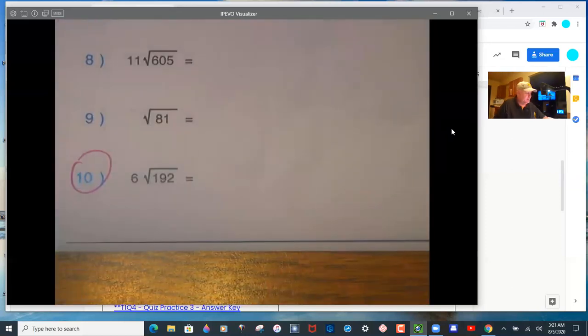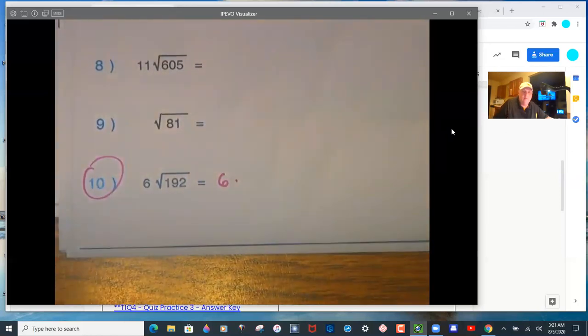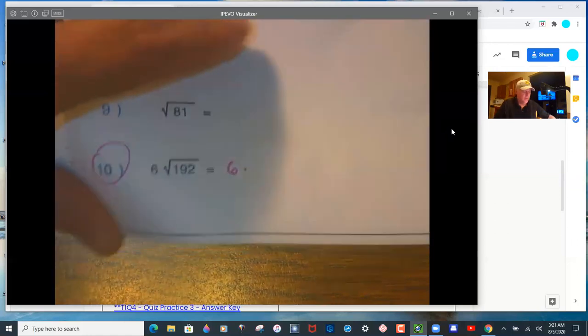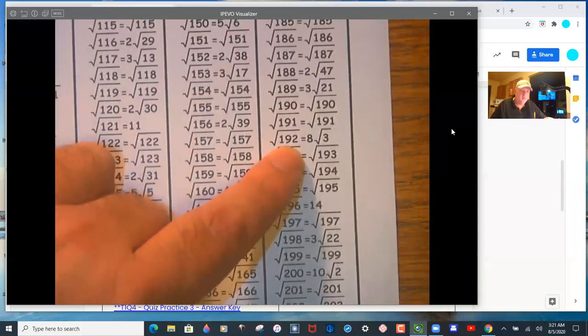That one is. Now, if you get stuck, you can look up the reduction. What I mean by getting stuck is you can't figure out the largest perfect square that'll go into 192. Then look up if it's on here. Now, not all is on here.